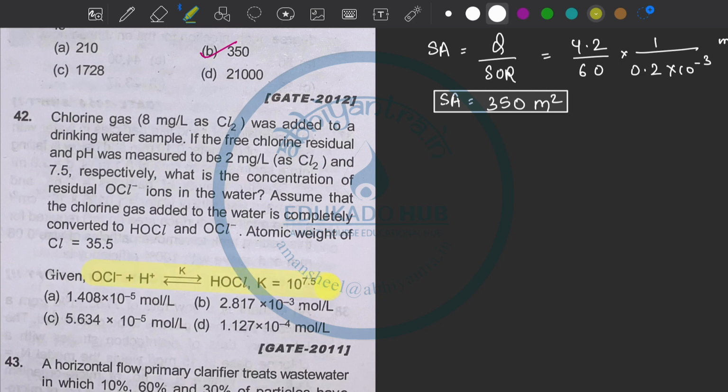OCl minus plus H plus at particular value of K becomes HOCl, and K is 10 to the power 7.5, and HOCl will again change into H plus and OCl minus at particular pH. The value of pH is given, see the pH is given as 7.5.